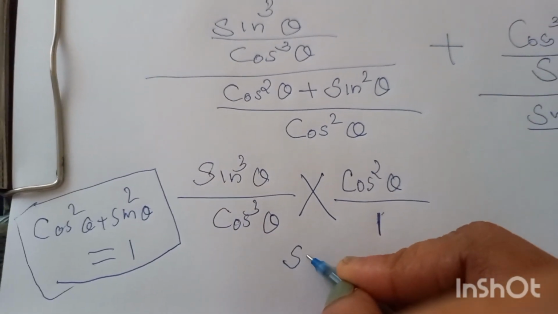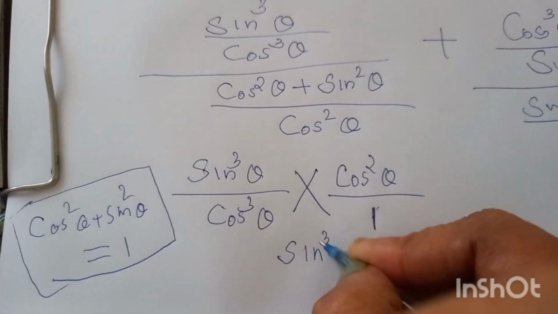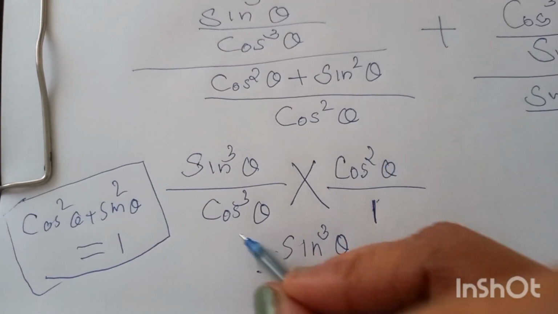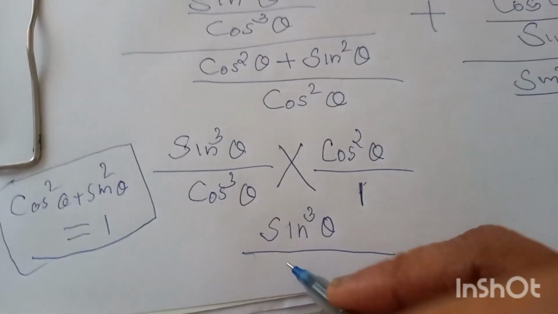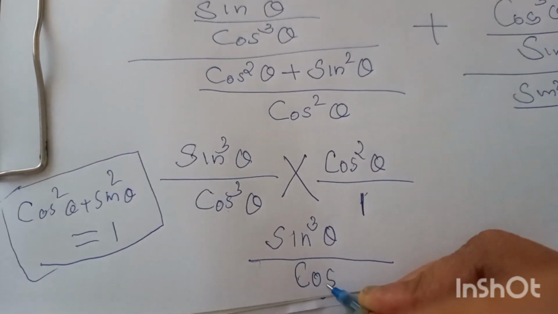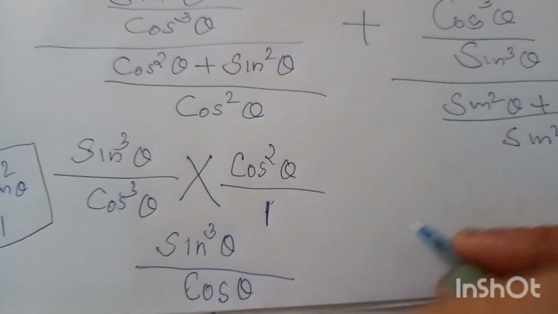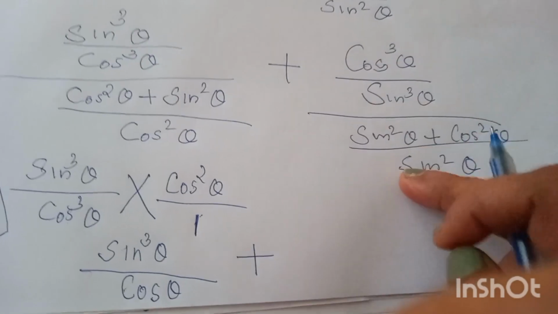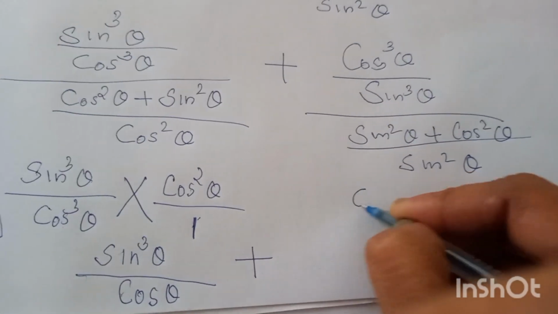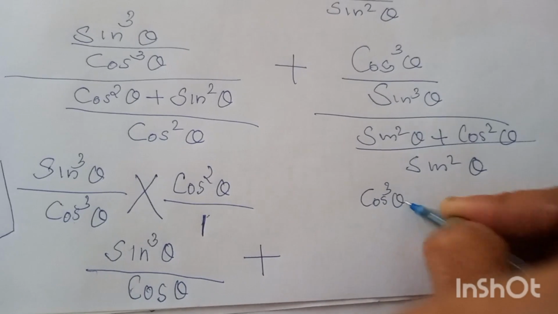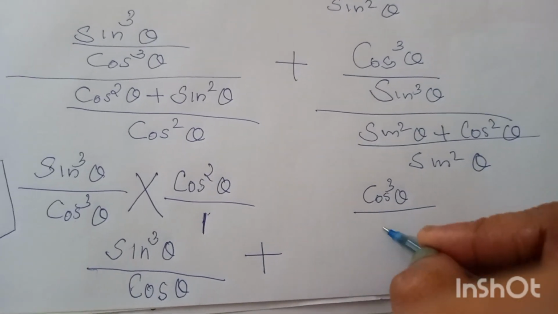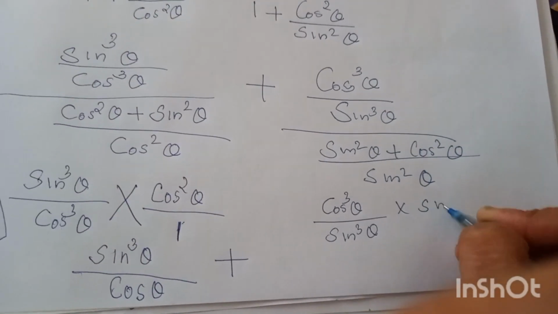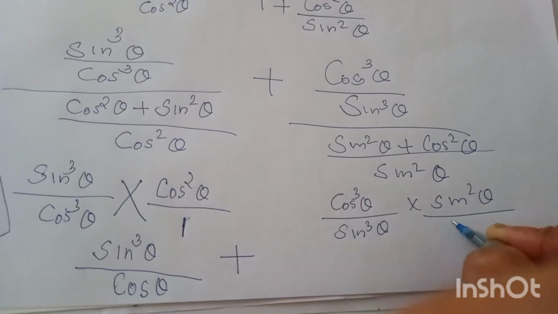Sine cube theta divided by cos square theta, cos cube theta will cut, then we get sine cube theta by cos theta. Plus, the sign over here is plus. Then this side we have cos cube theta divided by sine cube theta into the reciprocal of sine square theta divided by 1.